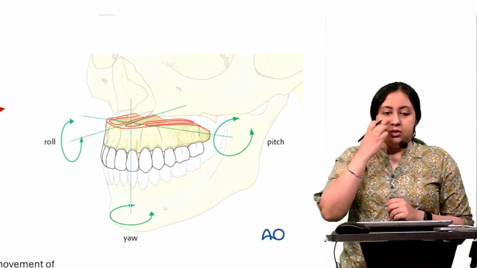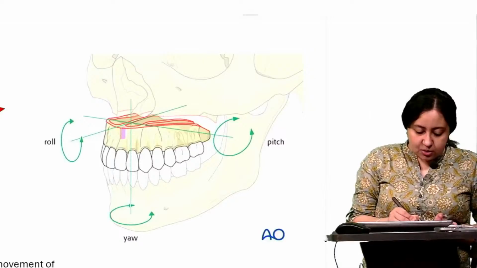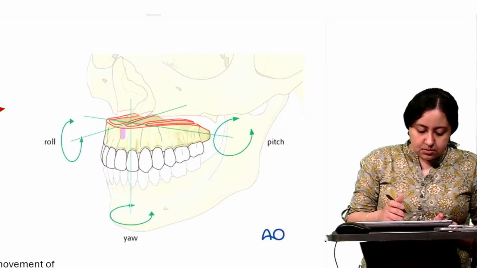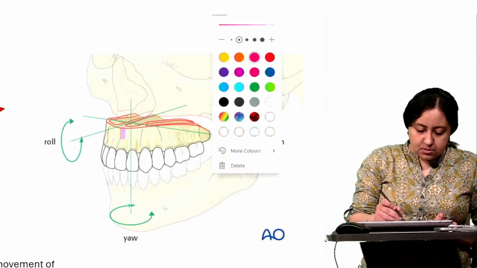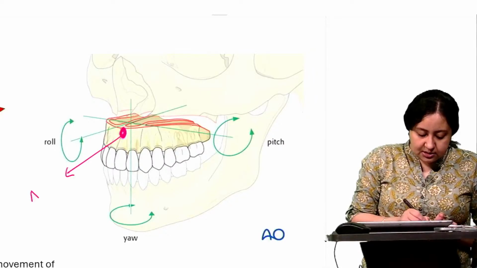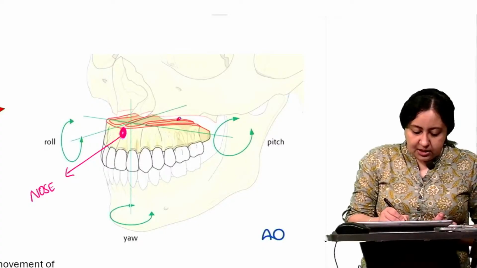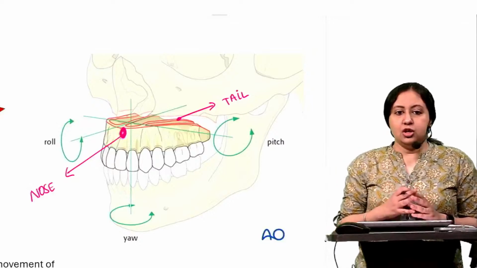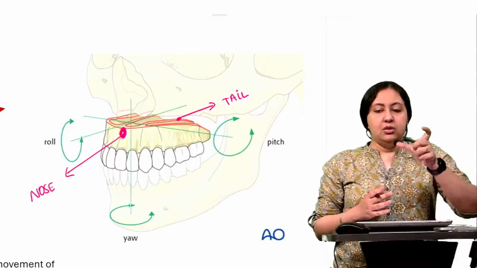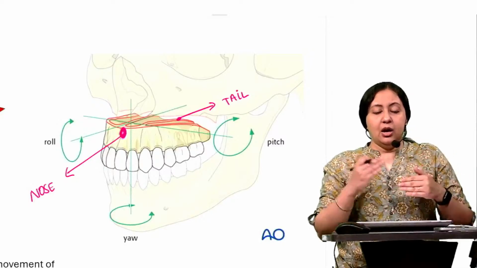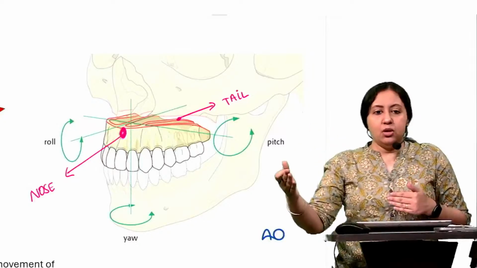If you consider this as the nose and that as the tail, once you have done a Lefort 1 osteotomy, you can move the maxilla according to the yaw, pitch and roll.